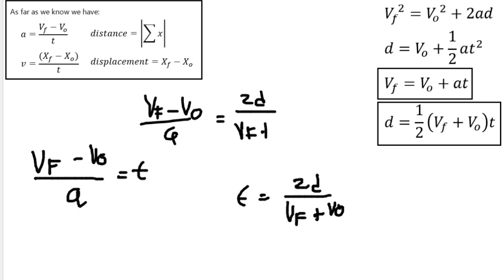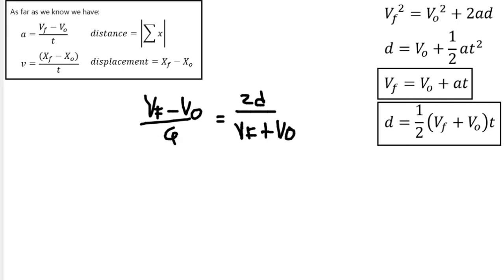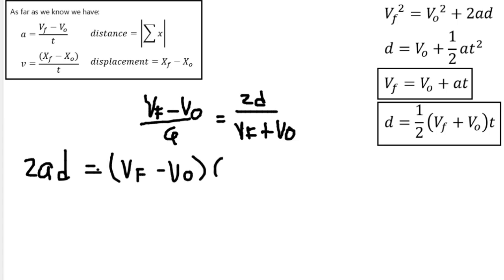So here, now we can just cross multiply. What will happen is we get 2ad here, there you have it. And also we have the quantity of V final minus V initial multiplied by the quantity of V final plus V initial.